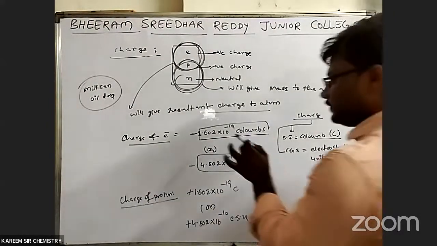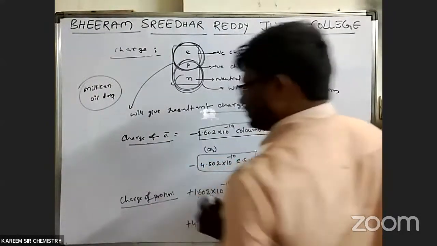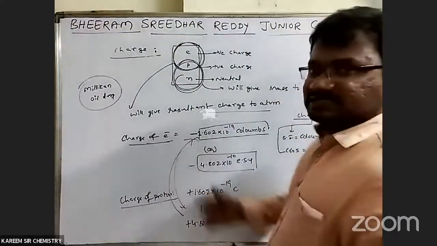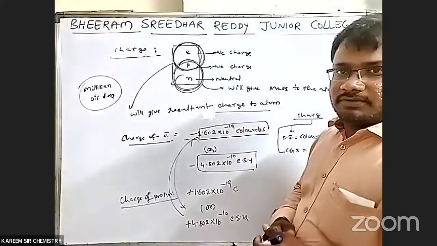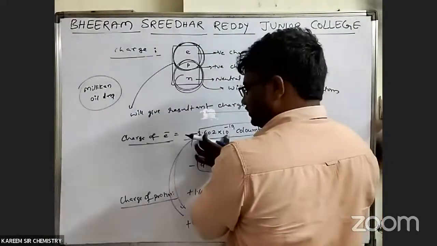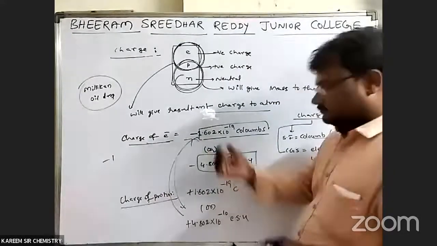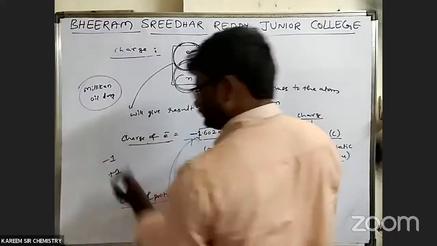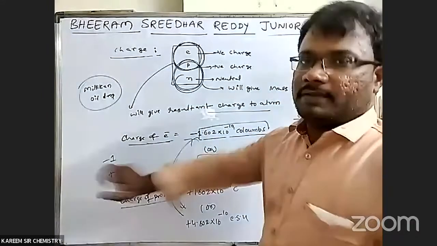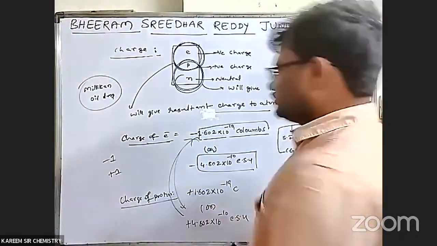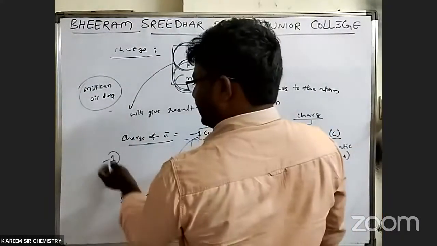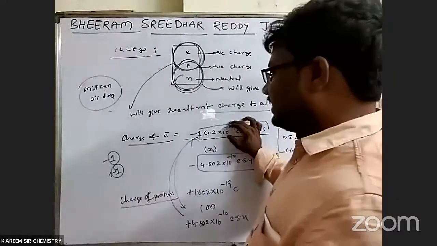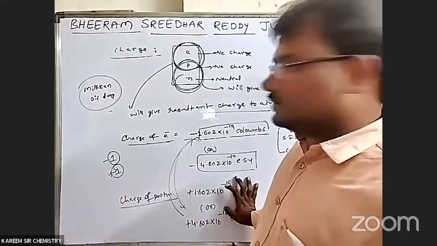Whatever the values of the charge of electron and proton, the magnitudes are the same. Only the sign is different. So for calculation purposes, if the electron is -1, then the proton automatically becomes +1.